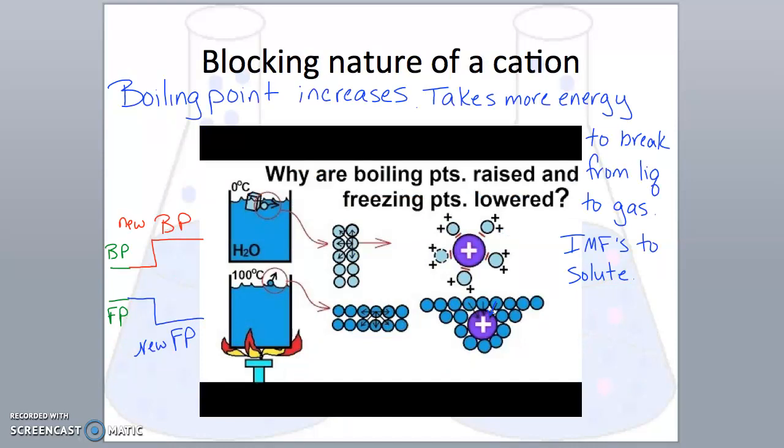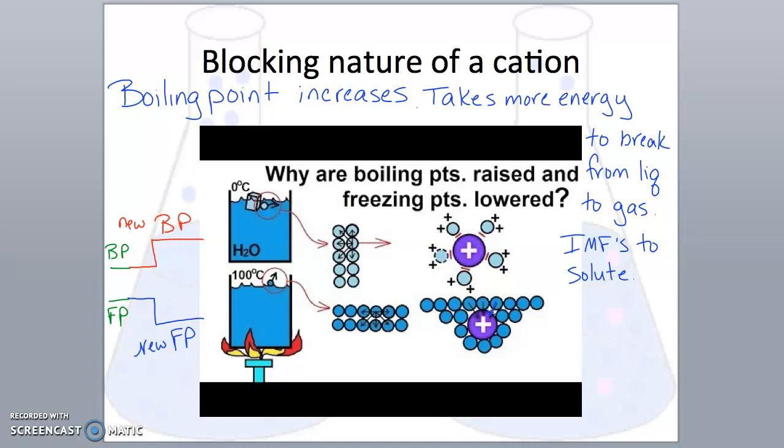This is showing both freezing and boiling point, but what I want to focus on is the boiling point here, because the boiling point is actually going to go up. With the pure water, we have water at the surface, and when we add a certain amount of energy, we can make this go into the gas phase.